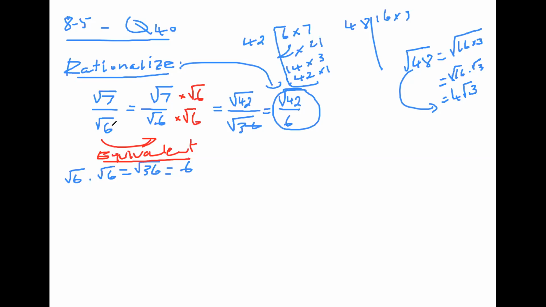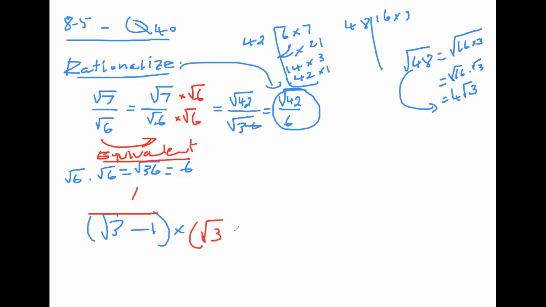If it's just one radical, times it by itself. If you have something like this in the denominator, what do you times it by to get rid of the radical? You've got to times it by its conjugate, that's right.